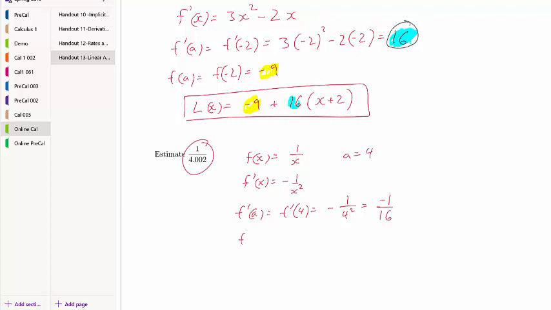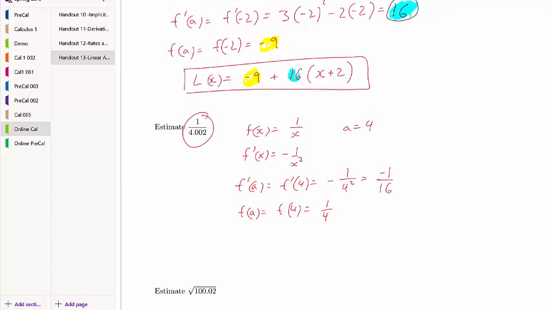And for f of a, we simply just plug our value in, of 4, and so that's going to be 1 divided by 4. Okay, good. So we've got the makings of a good linear approximation. Let's go ahead and plug all this in.